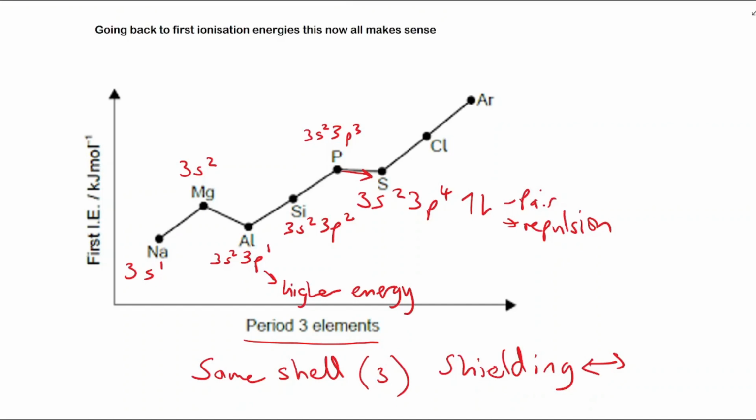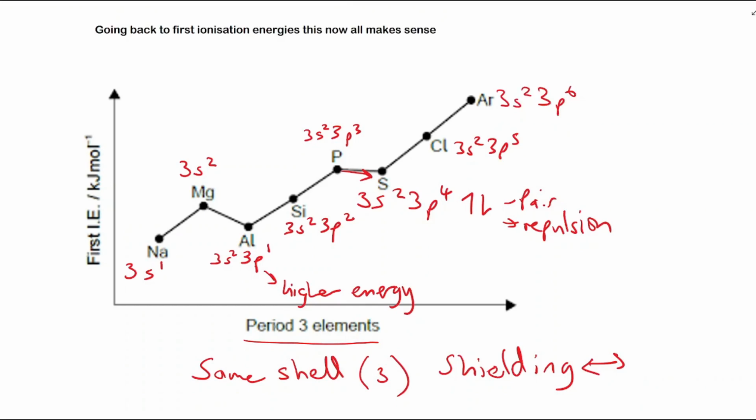And then when we go to chlorine, we've got 3s2, 3p5. This one has repulsion as well, but the nuclear charge is increasing, and still it's contributing to this general overall increase. And then we have argon, which is 3s2, 3p6.